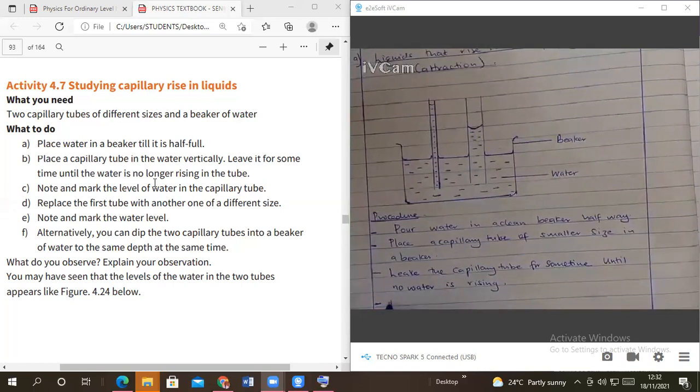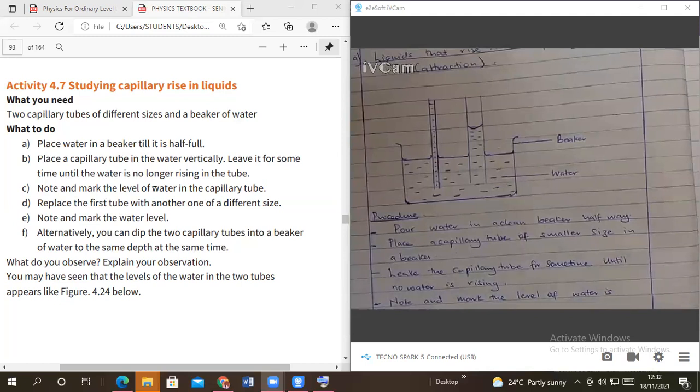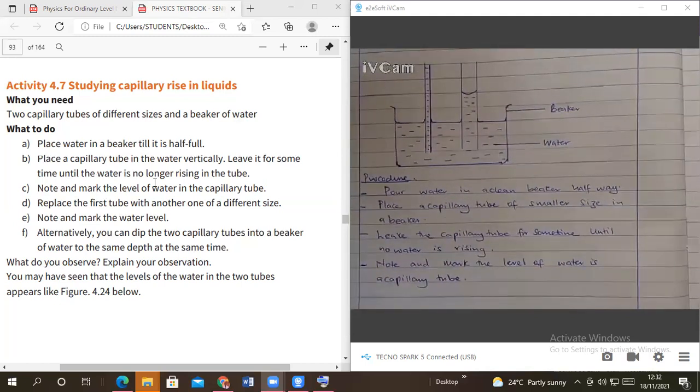So that is the next thing, to note and mark the level of water in a capillary tube. Okay.